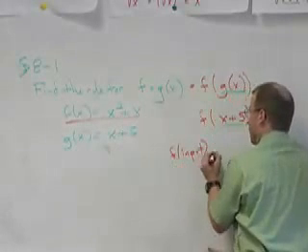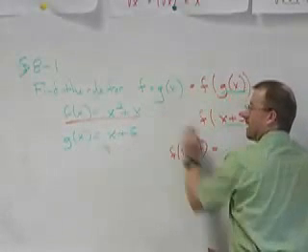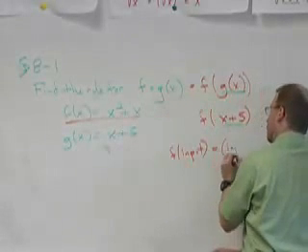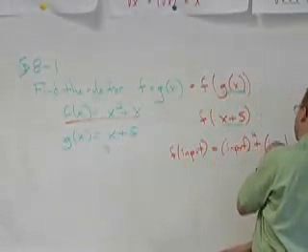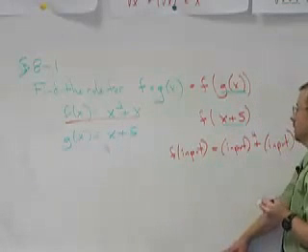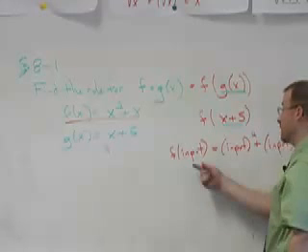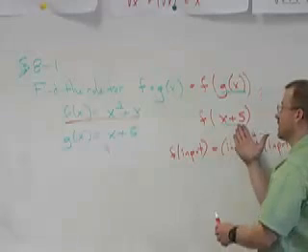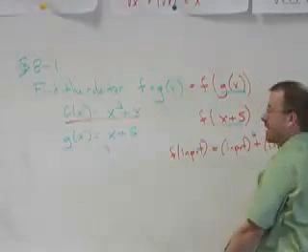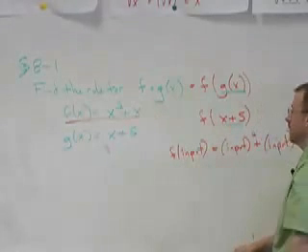I replace every x with an input: input squared plus input. No mathematician wants to write the word input all the time, so that's why we just write an x. But in situations like this, you need to distinguish between these x's, and that's how to do it.